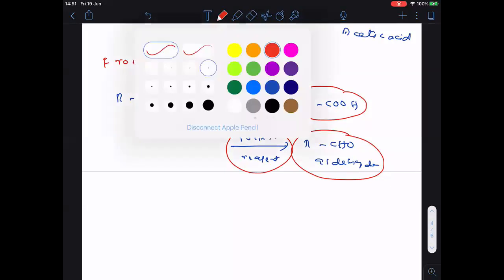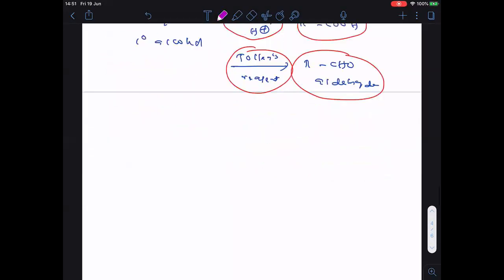Clear? Let us take one example to explain this one. CH3CH2OH can undergo oxidation with KMnO4 in acidic medium, and at the same time with Tollens reagent.